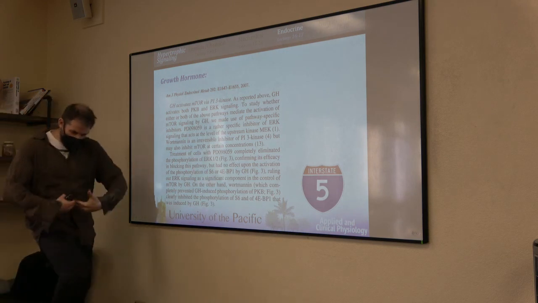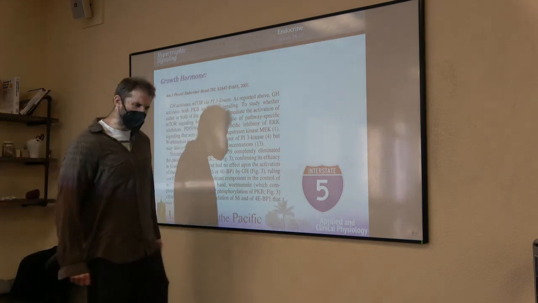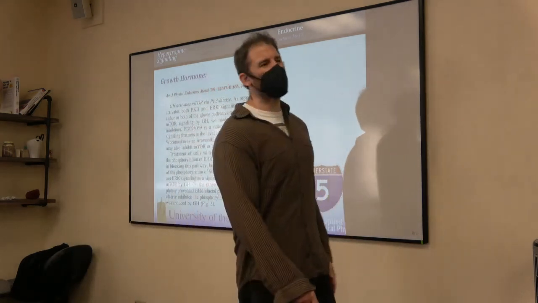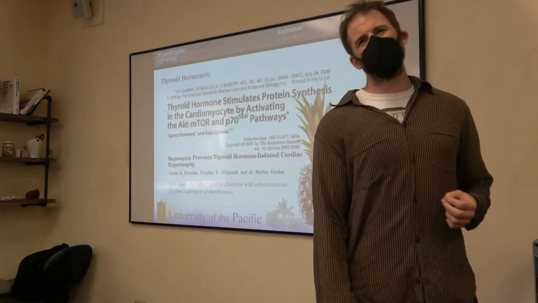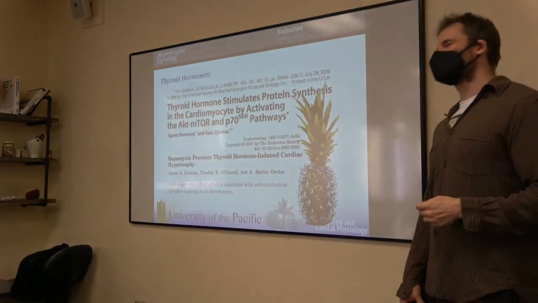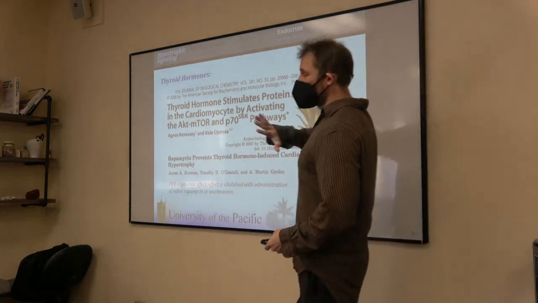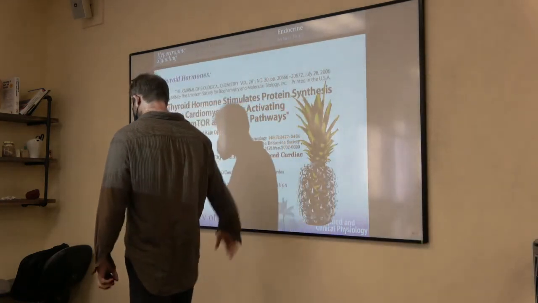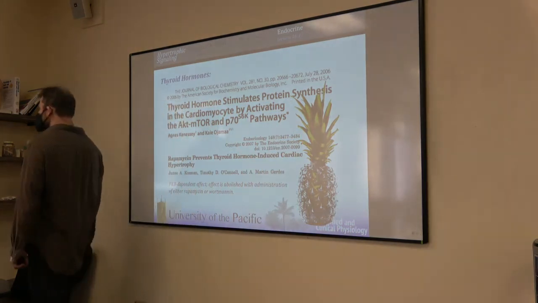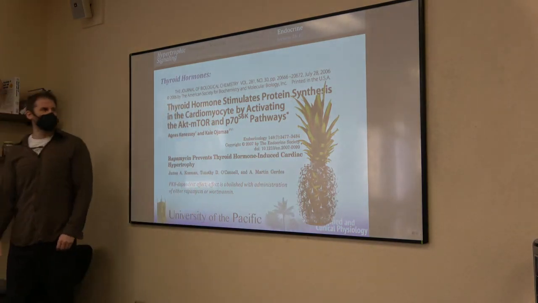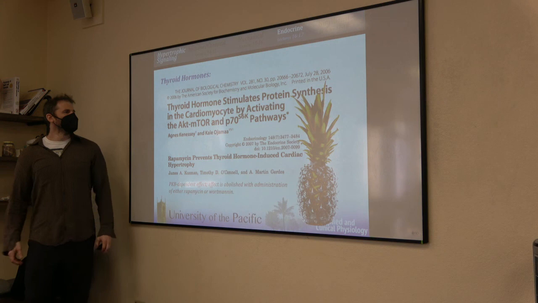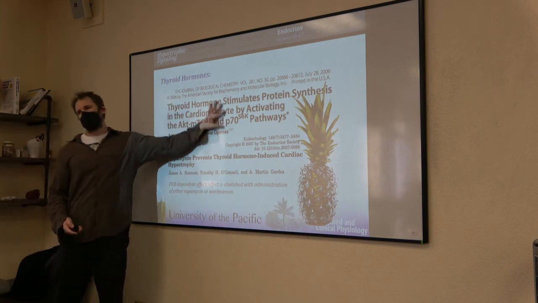Yes, when you look at this, JAK-STAT, MAPK, PI3K, the PI3K, PKB cascade turns out to be the major signaling cascade for growth hormone. Thyroid hormones, T3, T4, right, these thyroid hormones, triiodothyronine, thyroxine, PI3K, PKB signaling.